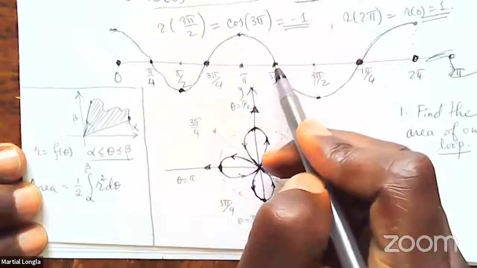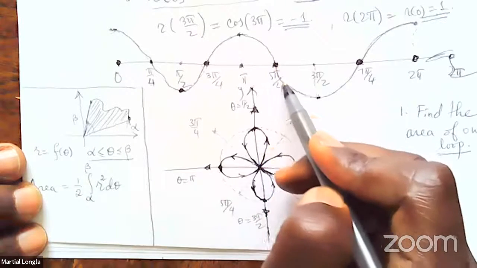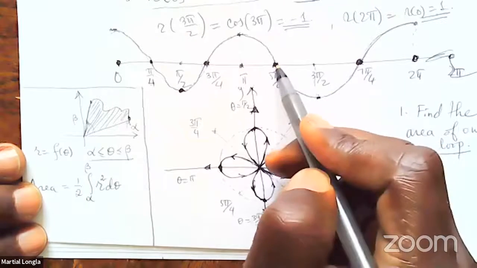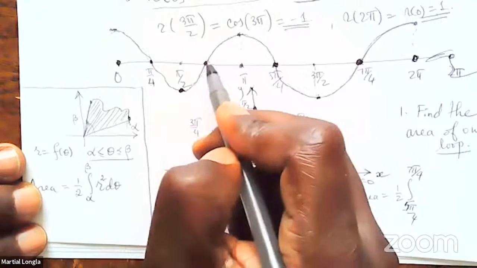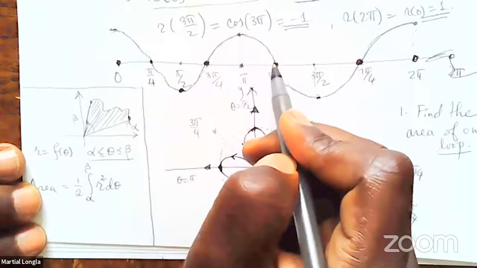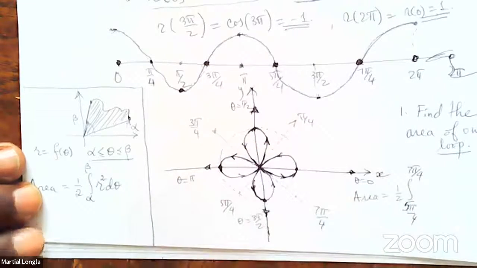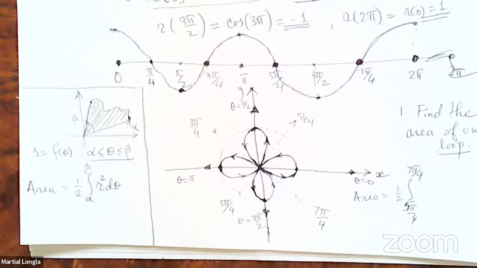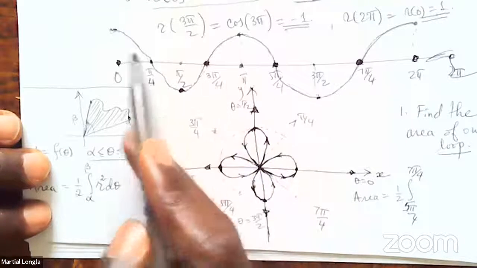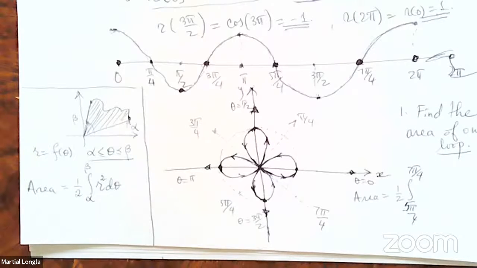And on this graph here, you can see that this portion is one loop. This is another loop here, right? From 0 back to 0, from 0 back to 0. That's another way you can identify the loop on this alternative graph, right?